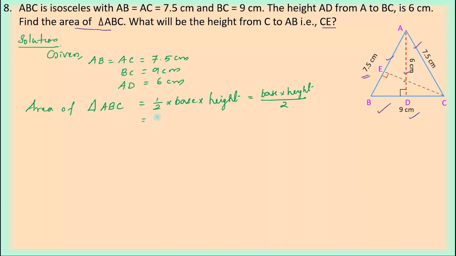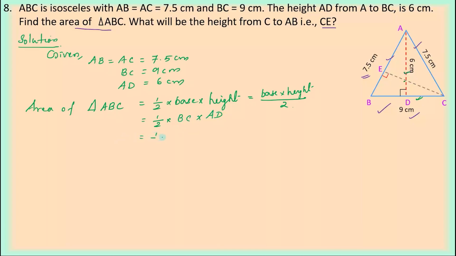That is equal to half into, what about base and height? Here you know AD is the perpendicular to the side BC. So here AD is the height and BC is the base. So we can write base is BC into height is AD.